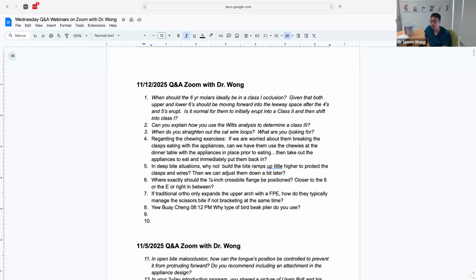Next question: where exactly should the half-inch crossbite flange be positioned? Close to the 6 or the E or right in between? So I usually put it in between.